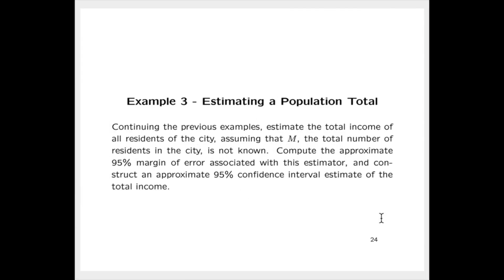Let's look at an application of this. Continuing the previous examples, estimate the total income of all residents in the city, assuming that cap M, the total number of residents in the city, is not known. Compute the approximate 95% margin of error associated with this estimator, and then construct an approximate 95% confidence interval estimate of the total income.